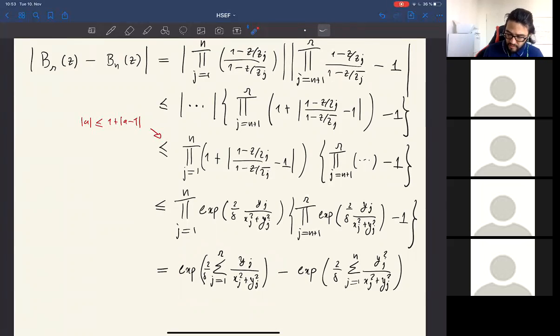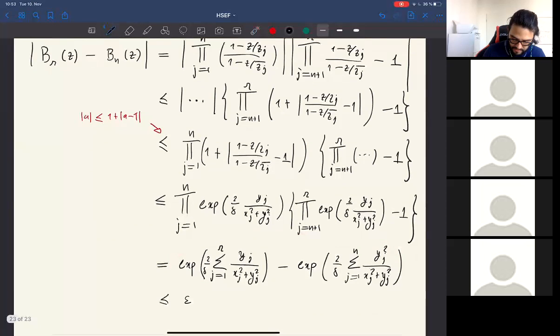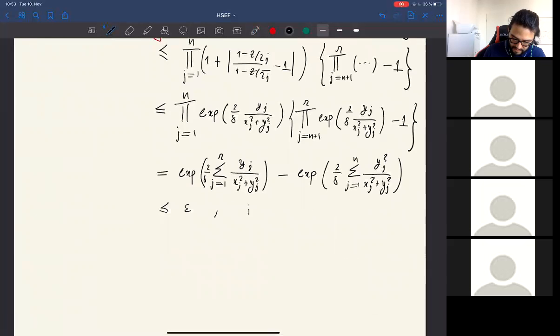It's converging to some limit. So therefore, it's a Cauchy sequence. So therefore, the difference of these two terms is very small when r and n are large. So I could say that this is less or equal than epsilon if n and r are large.